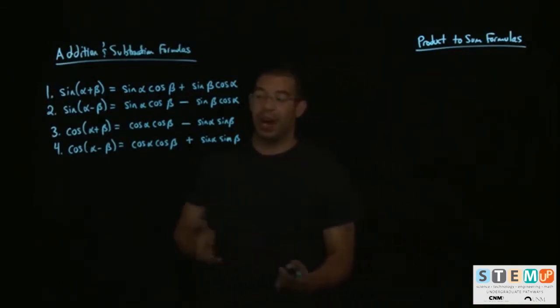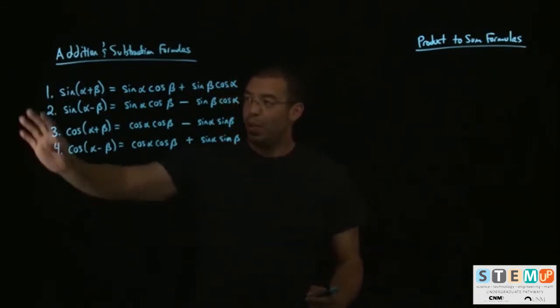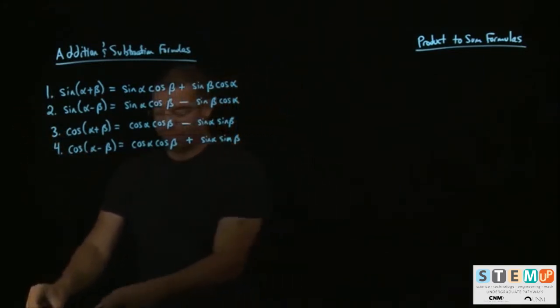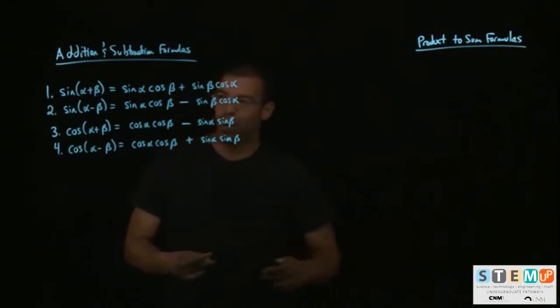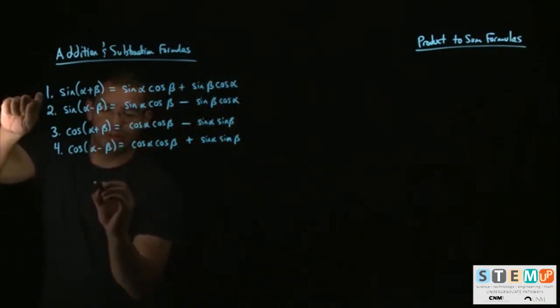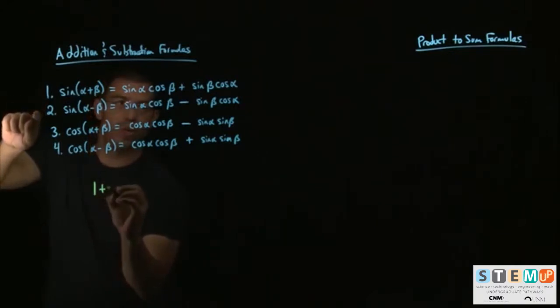So how are we going to do that? Well, we're just going to add these guys together. So let's do a few of them. So what if we add equation 1 with equation 2?